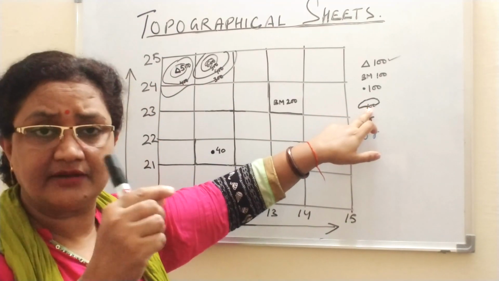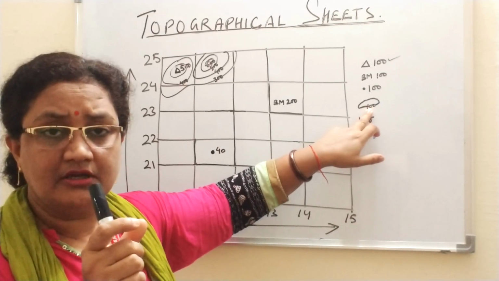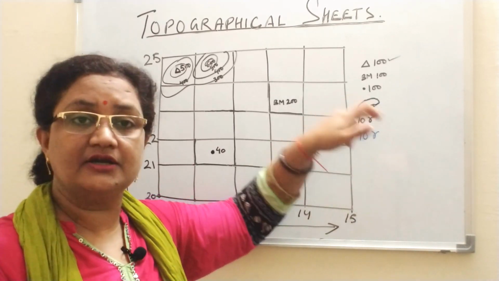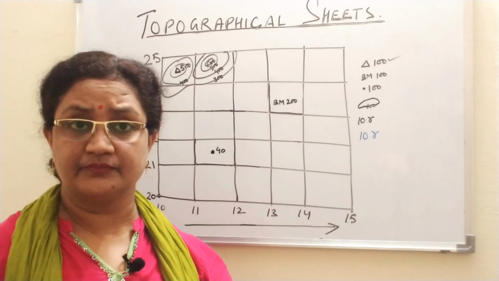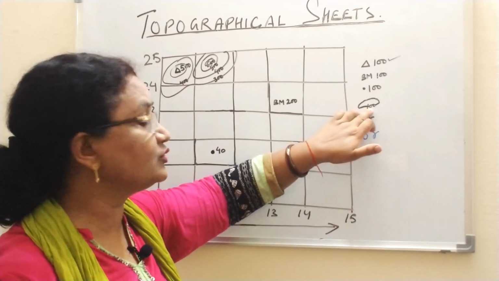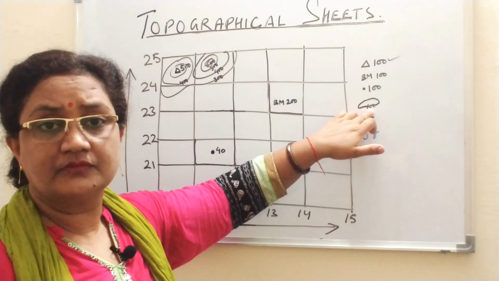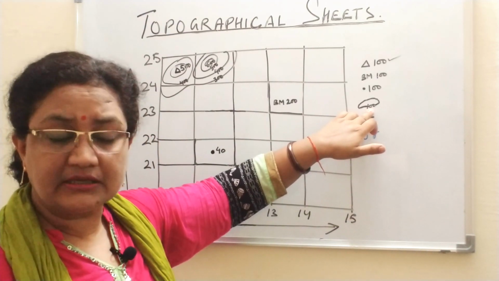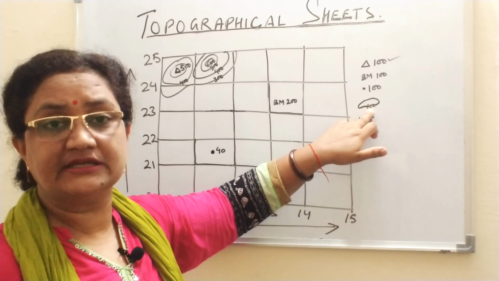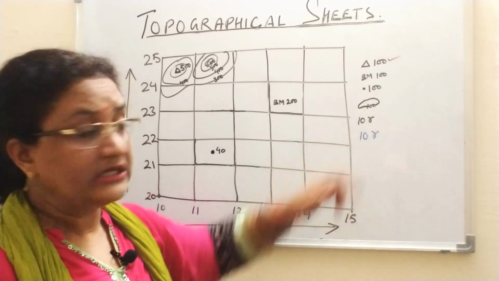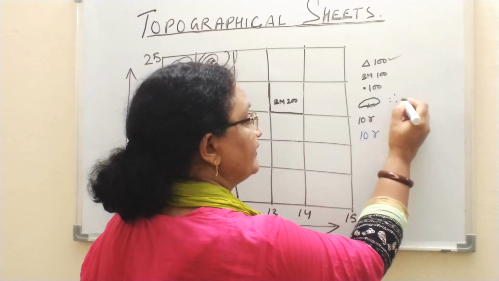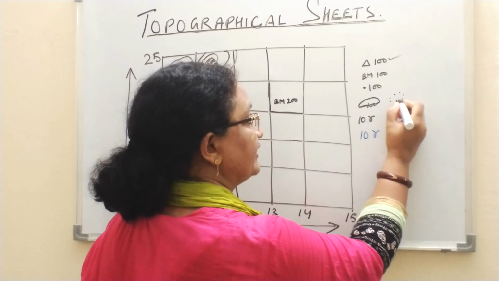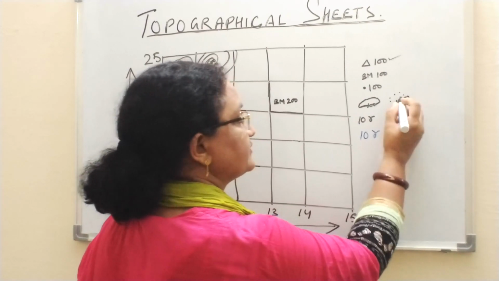So if we are writing here 100, right? In a contour line, within that it is mentioned 100. That means it is a contour line of 100 meters above the mean sea level. It is showing the height of this contour line. And what is this height? It is 100 meters above the mean sea level. That means it is a line which is joining different places, all of which have 100 meters height.